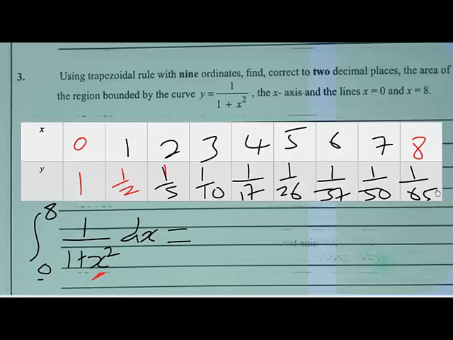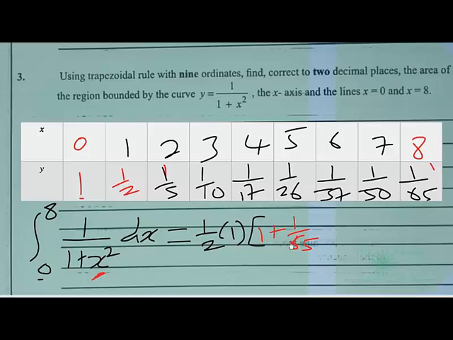So our formula now becomes 1 over 2 times 8, which is 1. Then the y values are the first one and the last one here, which is 1 plus 1 over 65.